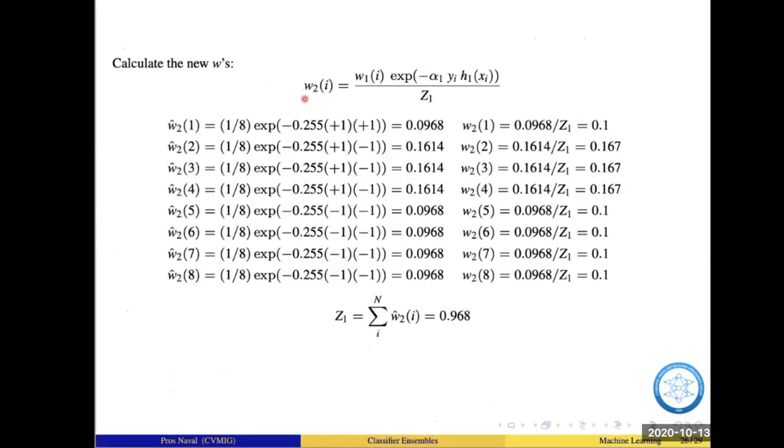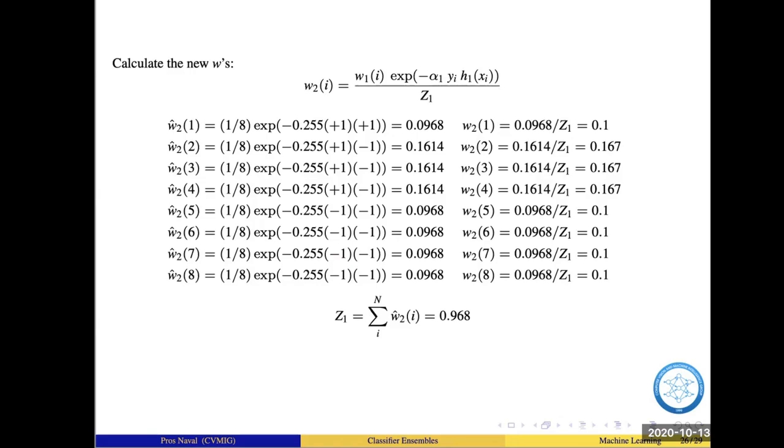Because there's a mismatch in the labels for the third and fourth, and for the fifth up to the eighth the labels are the same, when you multiply this it's positive. But when there are errors, there will be a change in sign, so negative.